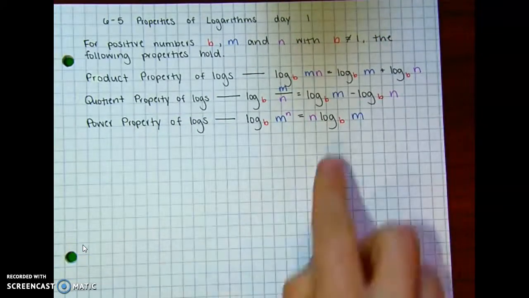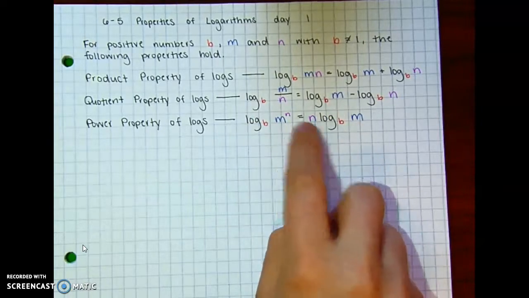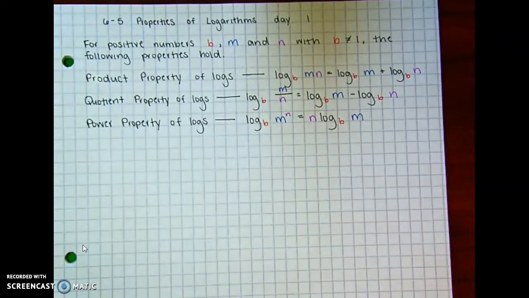So you can take the exponent and put it down in front and multiply it by your log. So these are the three properties, and now we're going to do a few examples that use these properties.